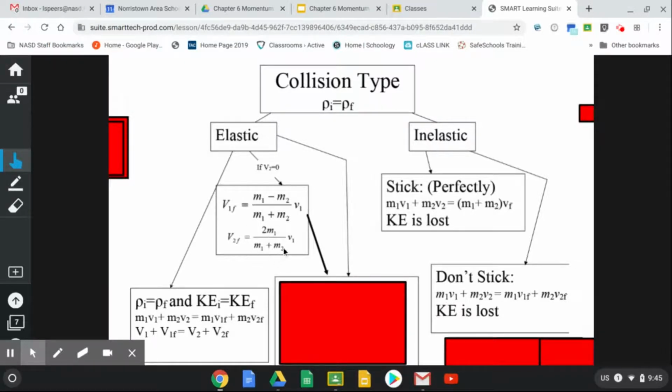So this number is going to be bigger than 1, because m2 plus m1 is going to be smaller than 2m1. So this pin goes flying off. So the bowling ball transfers some of its momentum to the bowling pin. The bowling pin goes flying away, and they both move in the same direction.